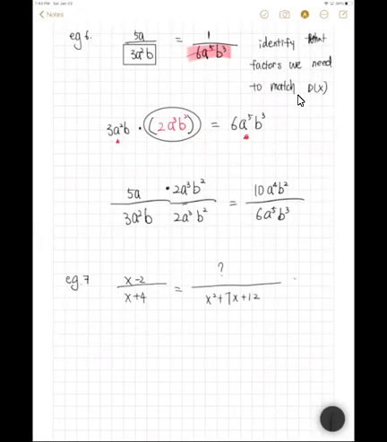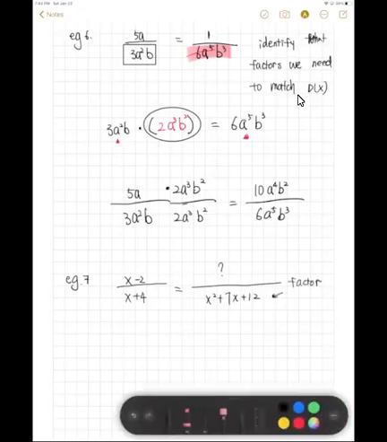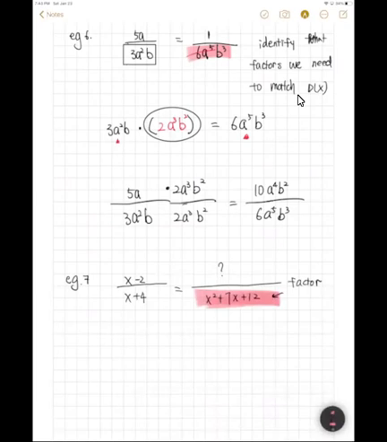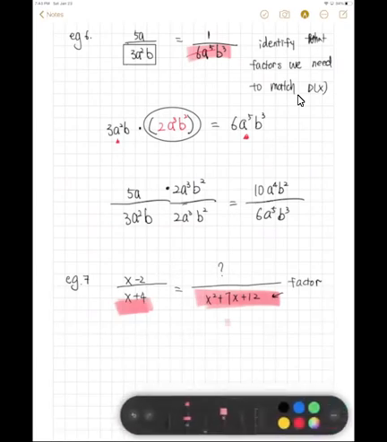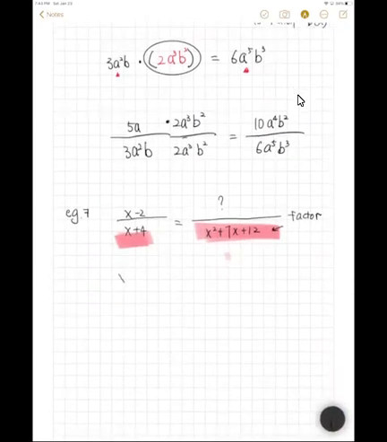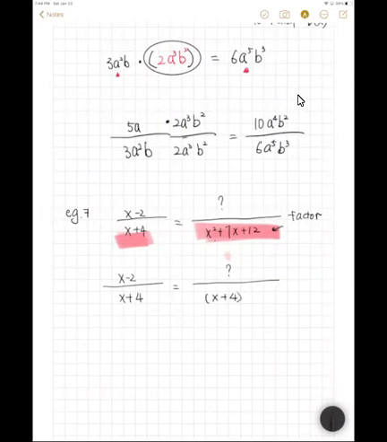The first step is you want to factor this part first and see what will be the common factor between these two rational expressions, right? So when I factor it, the bottom is x squared plus 7x plus 12. I use the AC method. I will end up with x plus 4 and x plus 3.